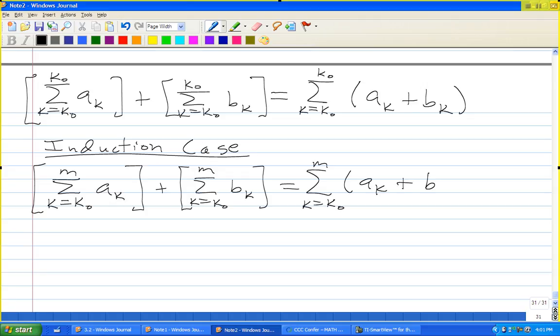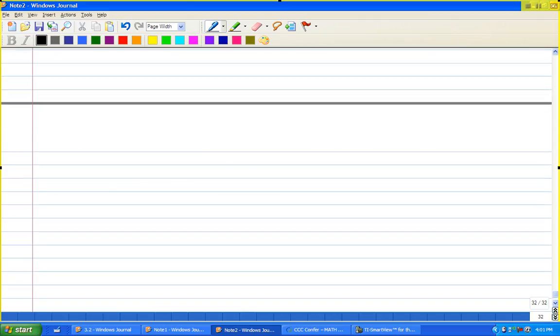I want to show that this works for the m plus first case.